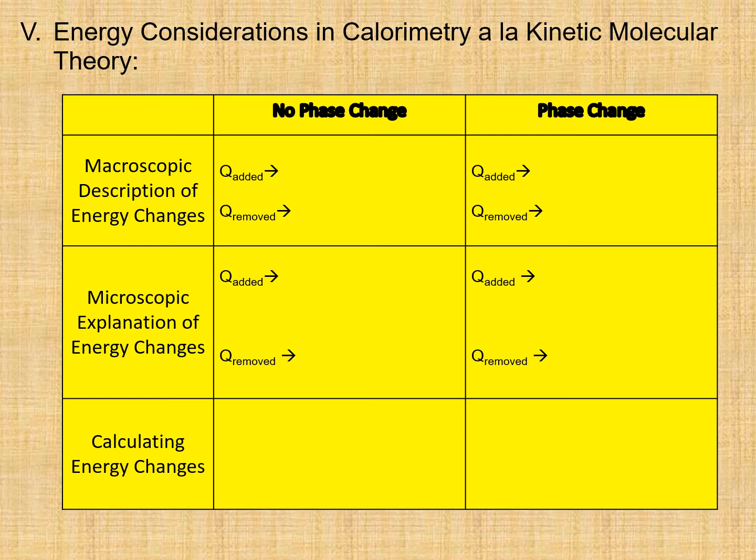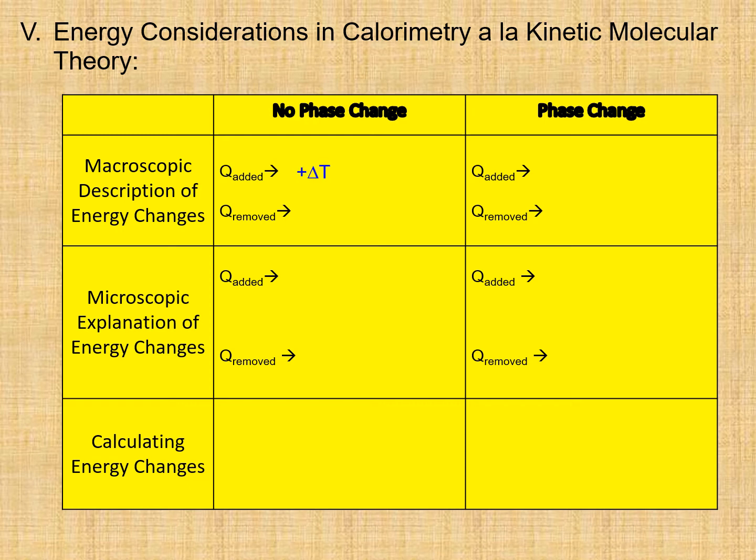So let's review and generalize some of these concepts we introduced in the previous slides. Specifically, we're taking a look at the energy changes involved in the calorimetric process. We'll look at these energy changes from both a macroscopic and microscopic perspective. When we add heat to an object and there's no phase change involved, the heat added simply goes into increasing the temperature of the object.